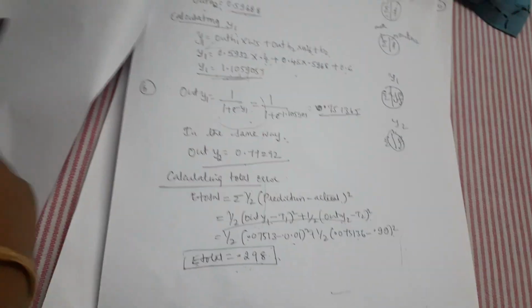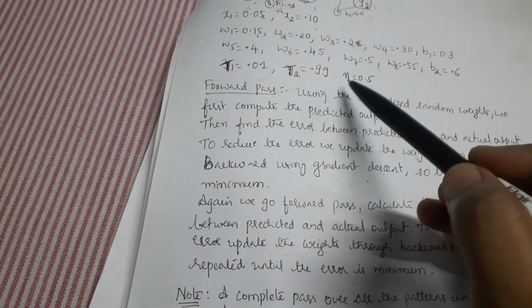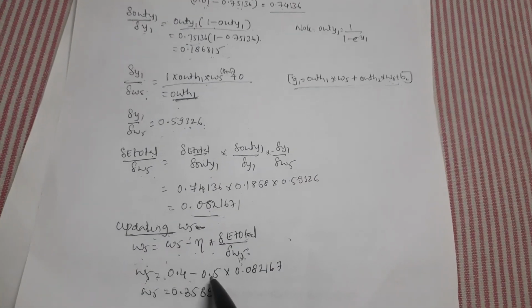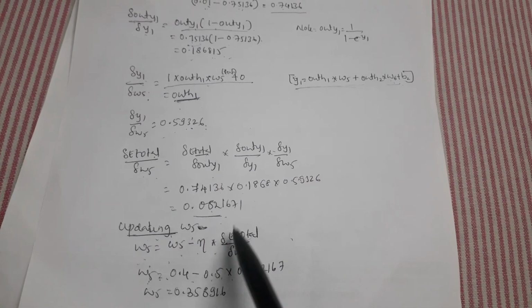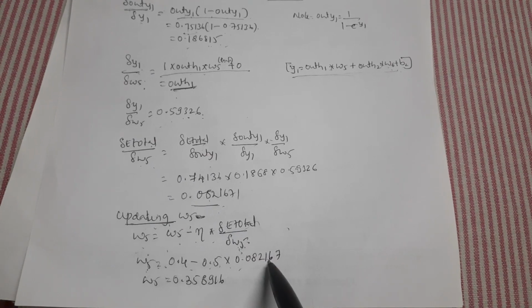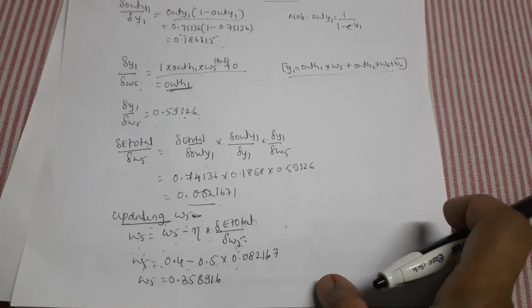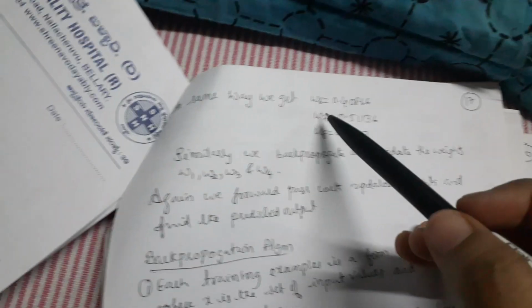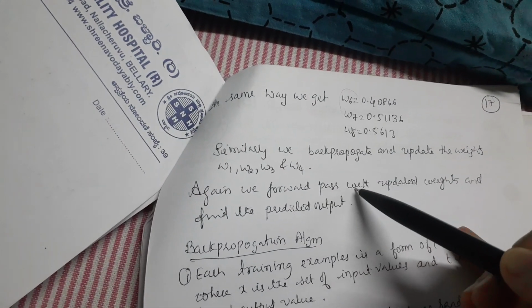Check it out. 0.4. Substitute 0.4. My learning rate I have taken as 0.5, into the value of this. Substitute, and you will get W5 as 0.35. Now the new W5 weight is 0.35.